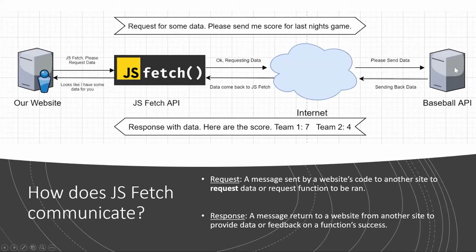And then the baseball API will run the code that gets that data, and say, okay, I have the data, I'm sending it back. JS Fetch says, okay, I got some data, data's coming back, and then delivers it to your front-end application.